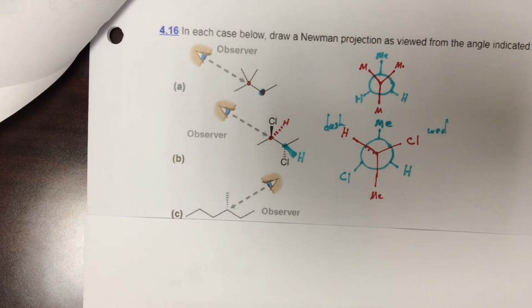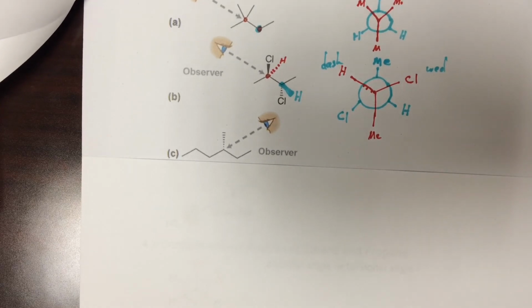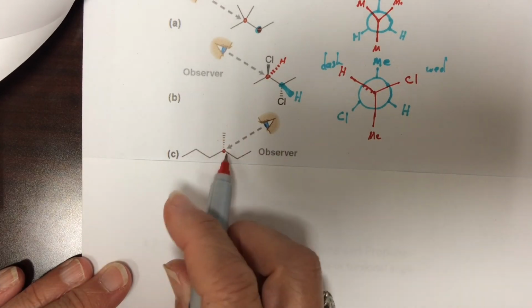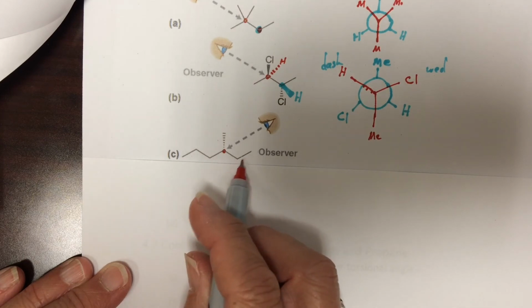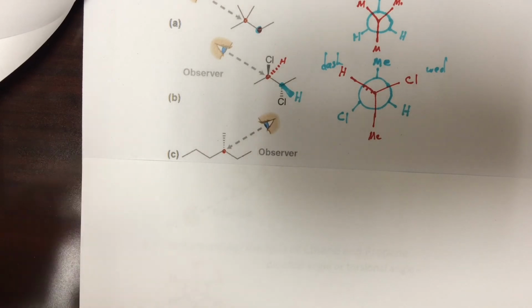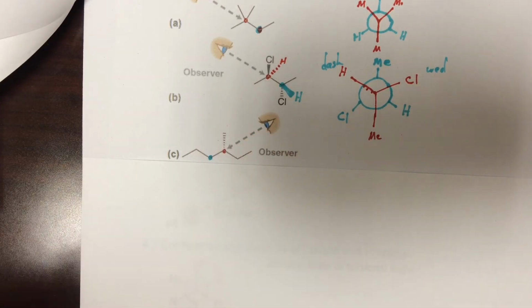So let's look at this guy. We want to ID the 2 carbons that we're looking at. We'll make the first one red. It's got an ethyl group attached to it. This is the other carbon that's attached, so we don't want to count it yet. It's the one that'll be behind.